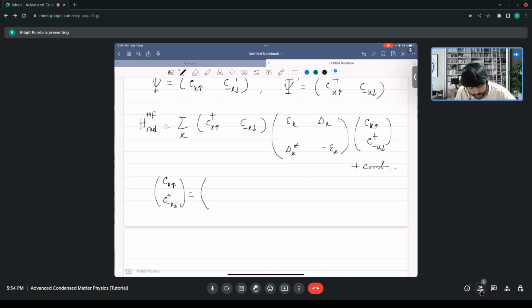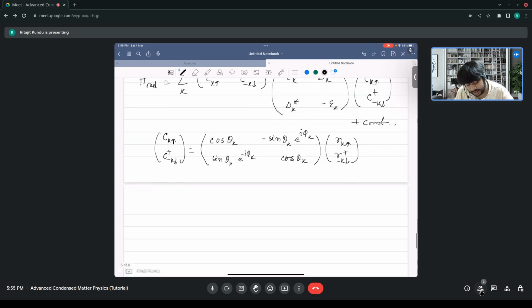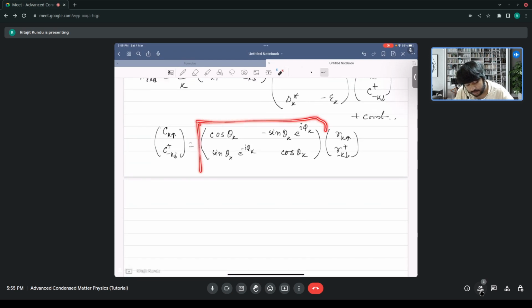Okay, so then you can check that if you choose your Hamiltonian like this, okay, the matrix that I have written is actually an element of the SU2 group.